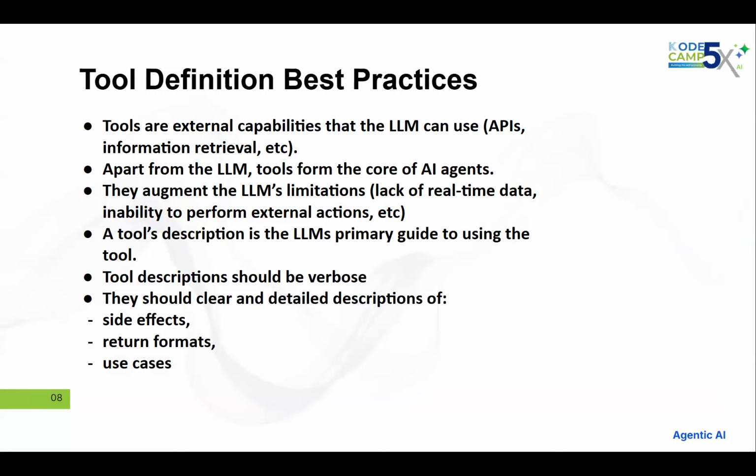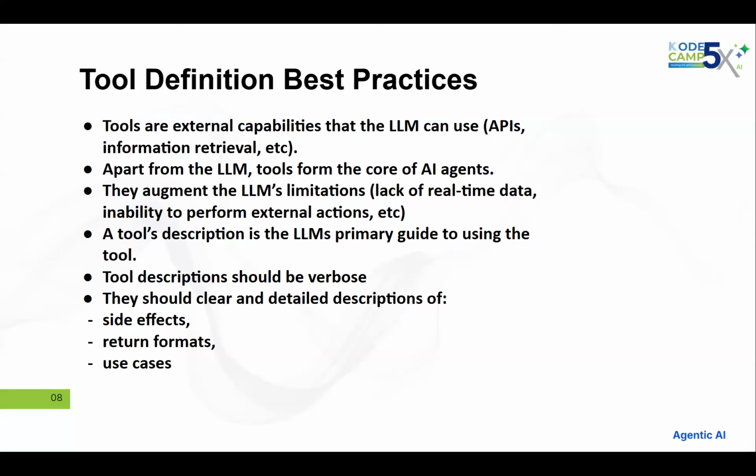Firstly, what I've tried to do here is to provide a preamble, a context, that tools are primarily external capabilities. Some people call them skills, right? The external capabilities that the LLM can use, like APIs, retrieving information from databases, and so on. Apart from the LLM, tools form the core of AI agents.